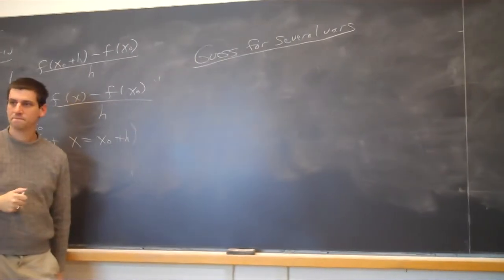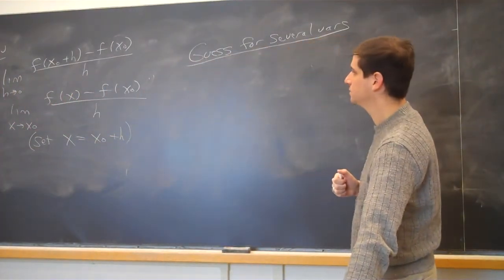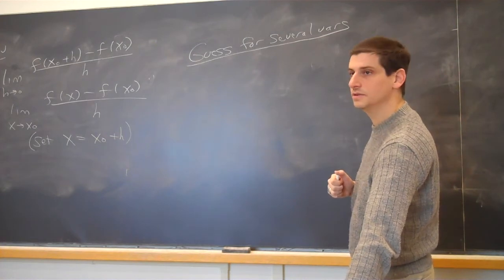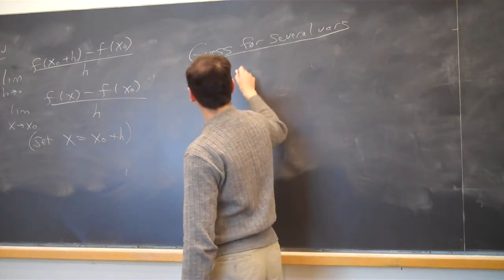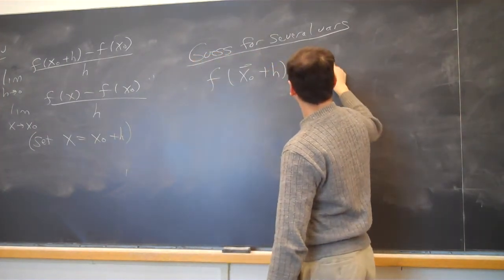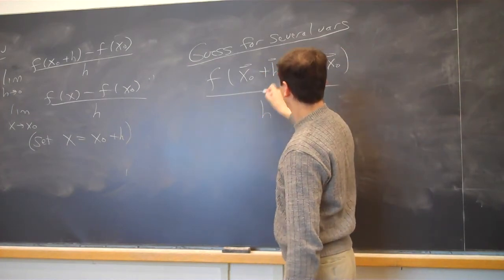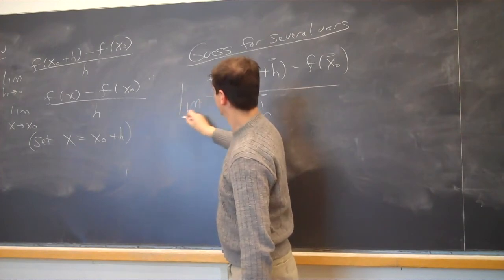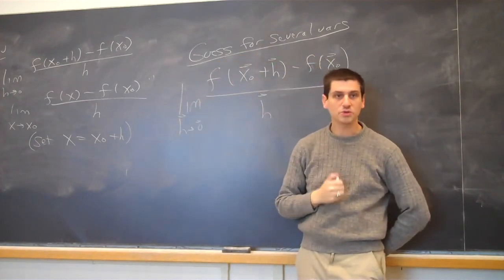Yes? You would do the function of x naught plus h comma y naught plus h minus f of x naught. So I'm going to just do it in vector notation. F of x naught plus h minus f of x naught. And now divide by h and take the limit as h goes to 0. So that's the most natural thing to try.